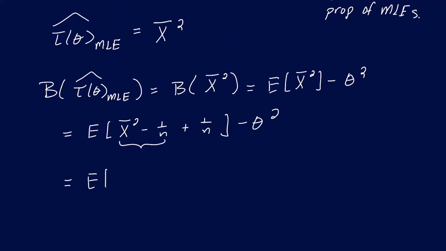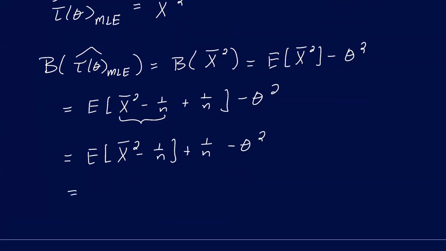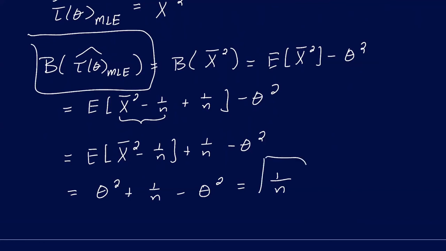And this from part A, we know that the thing in the expectation is unbiased for theta squared. So we get a bias of 1 over n.